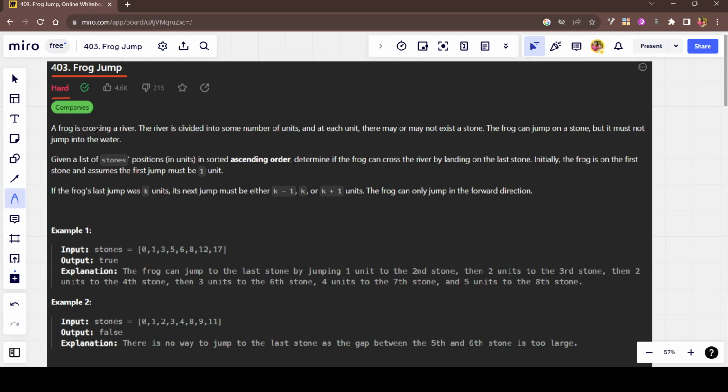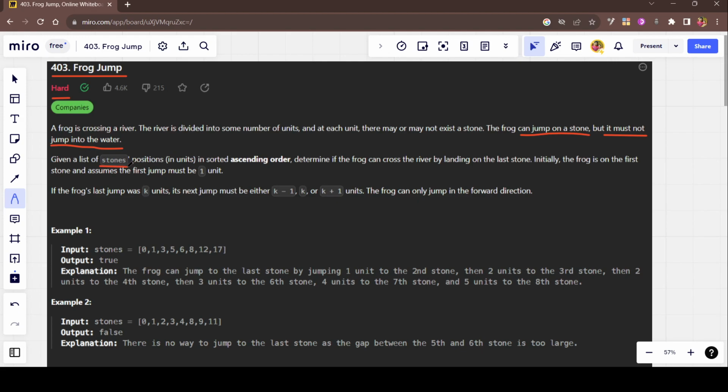A frog is crossing a river. The river is divided into some number of units, and at each unit there may or may not exist a stone. The frog can jump on a stone, but it must not jump into water. Note that point. It must not jump into water. Given a list of stone positions in sorted ascending order.